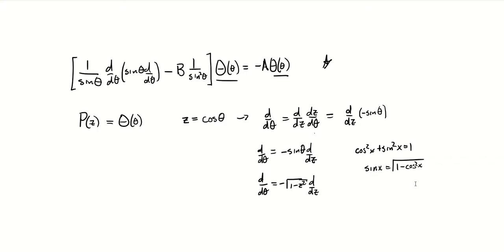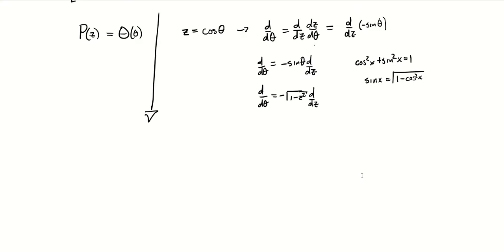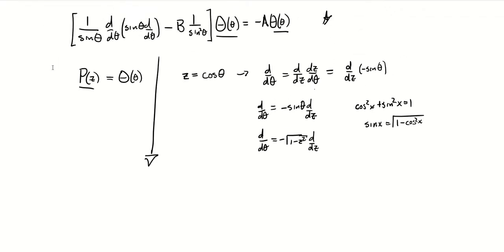If we make this substitution, we can rewrite this differential equation in terms of our z variable and our function of z. Let's go up and do it step by step. This sine we replace with root 1 minus z squared. This d d theta becomes negative root 1 minus z squared d dz, and that's acting on sine theta, 1 minus z squared.